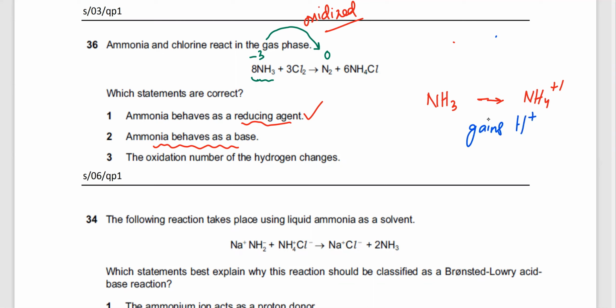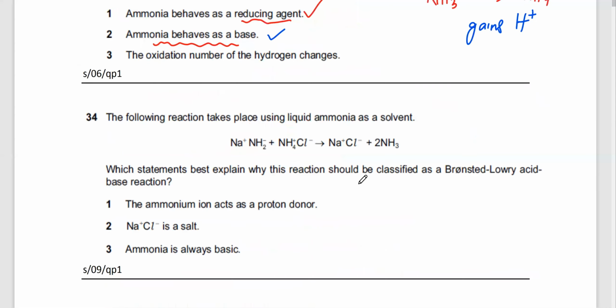So that means it's behaving as a base. So the second statement is correct. And does the oxidation number of hydrogen change? It does not change. It is +1 everywhere. Hydrogen is +1 in any compound that it forms.